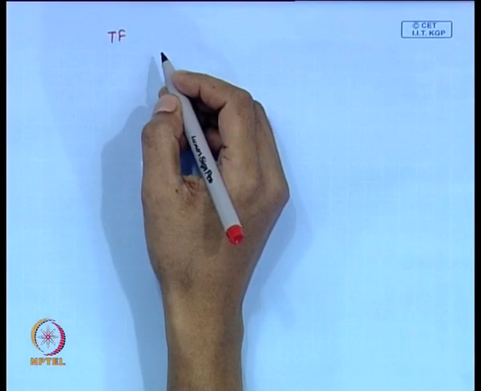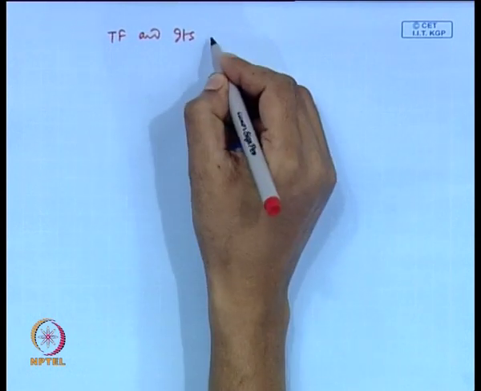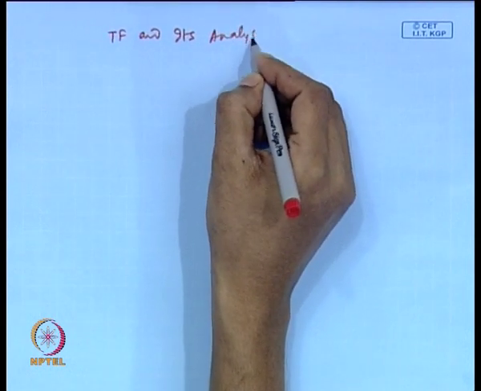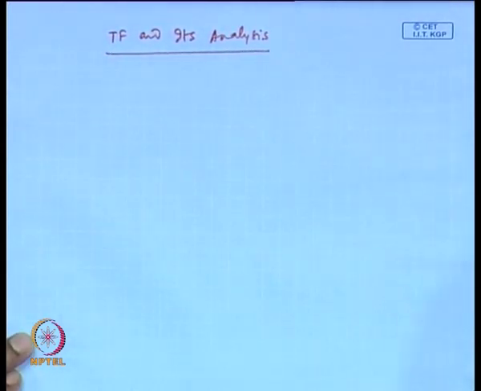So, next we will discuss transfer function and its analysis. One important point, the use of transfer function we have discussed, is to observe the transient behavior of a process.